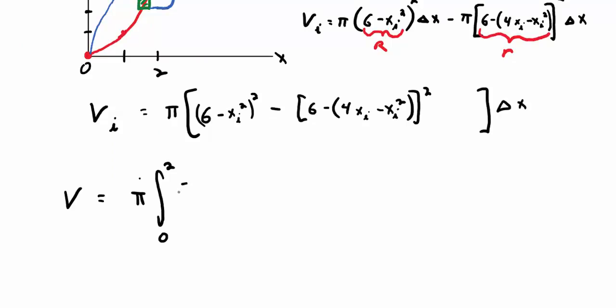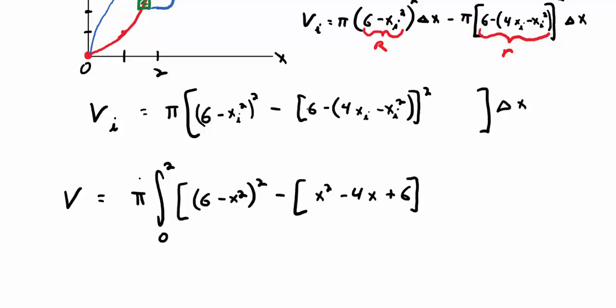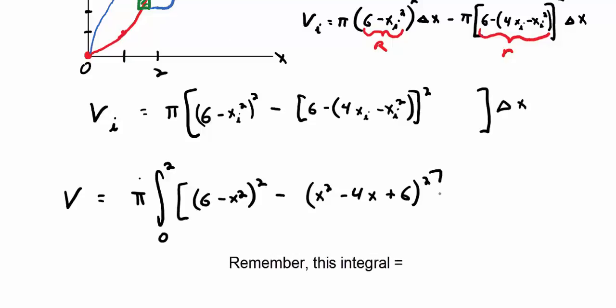And then bracket 6 minus x squared, minus, let's rewrite it as x squared positive, minus 4x plus 6. So I got rid of those inner parentheses anyway. I like to use just parentheses when I can. And then the whole thing squared, and then it's dx on the end.